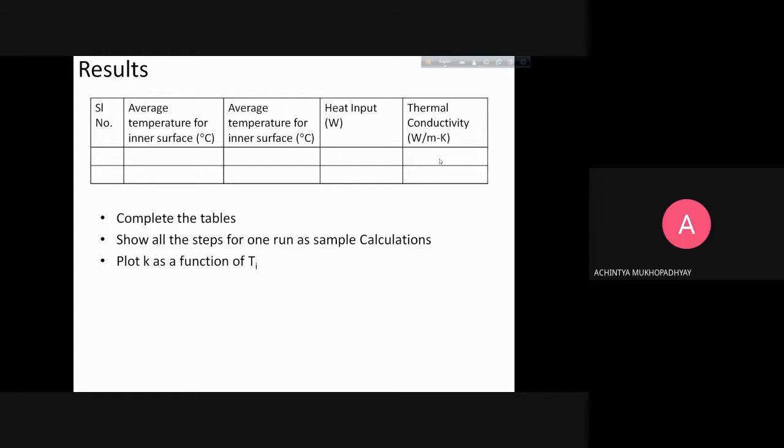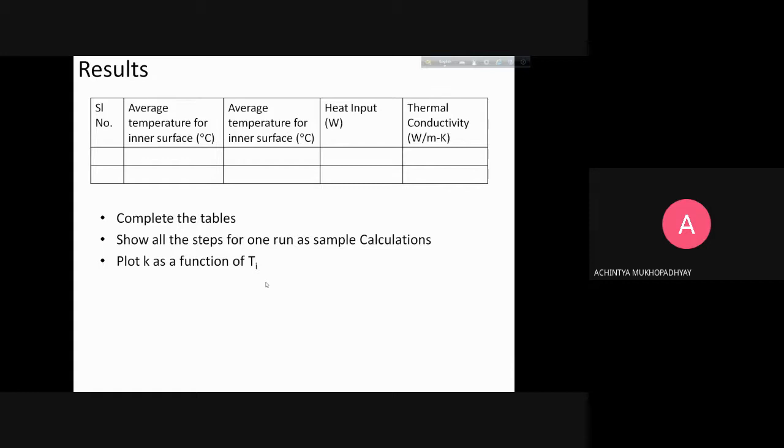You should get some variations. Once you do that, you get thermal conductivity for different inner surface temperatures, and you plot the thermal conductivity as a function of Ti. That completes your job.